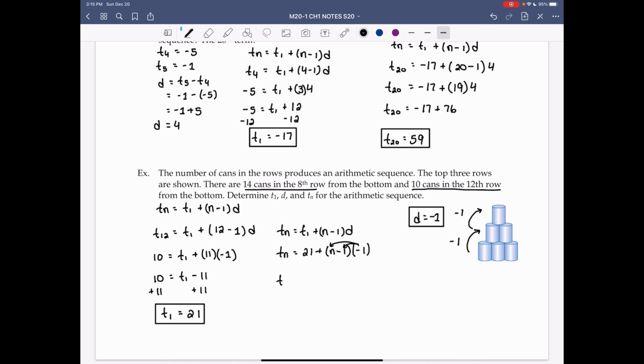We get Tn equals 21 minus n plus 1. Minus 1 times minus 1 is plus 1. Then combine our like terms. You can either write the n first or last, it doesn't matter. I'm going to write it last this time because it's negative. 21 plus 1 is 22 minus n. So our general term Tn is 22 minus n.